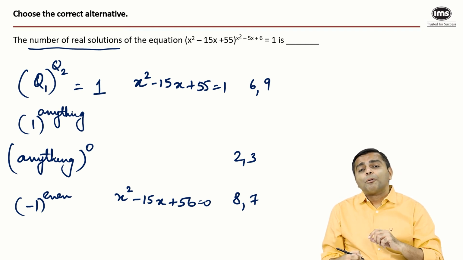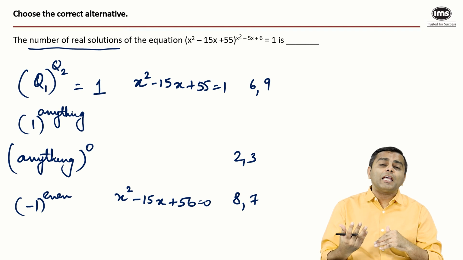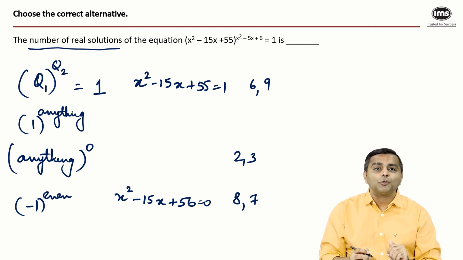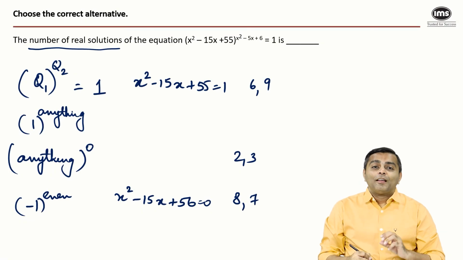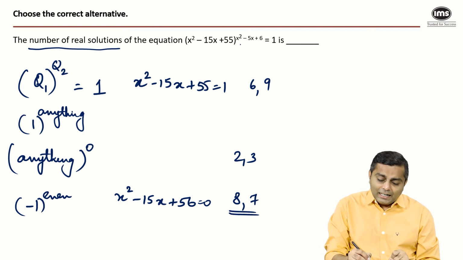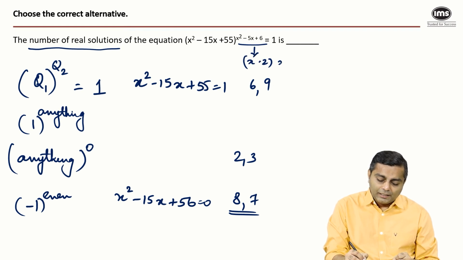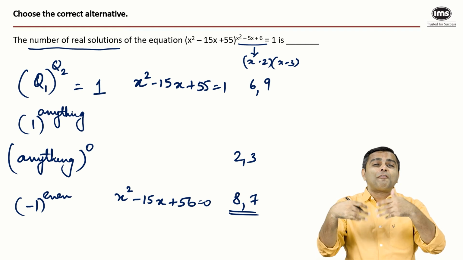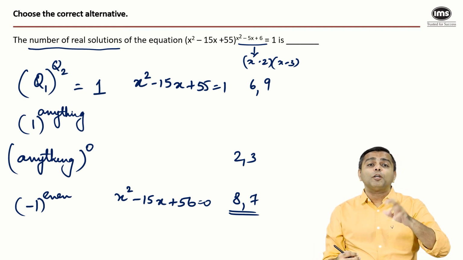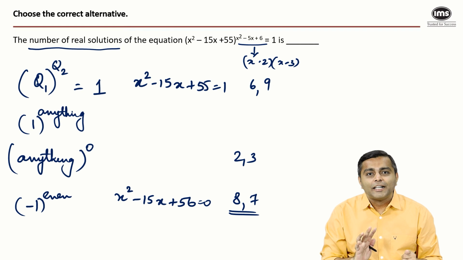Very important: here, the base being equal to minus 1 is not enough. The power needs to be even. For the power to be even, notice that the power x square minus 5x plus 6 can be factorized as x minus 2 times x minus 3, which are consecutive numbers. When you put x as 8 or x as 7, you again get consecutive numbers.